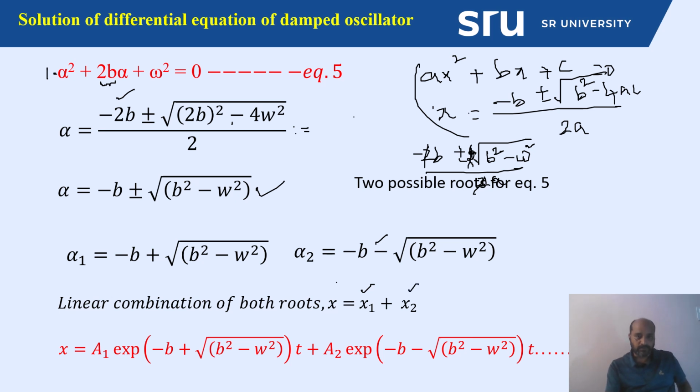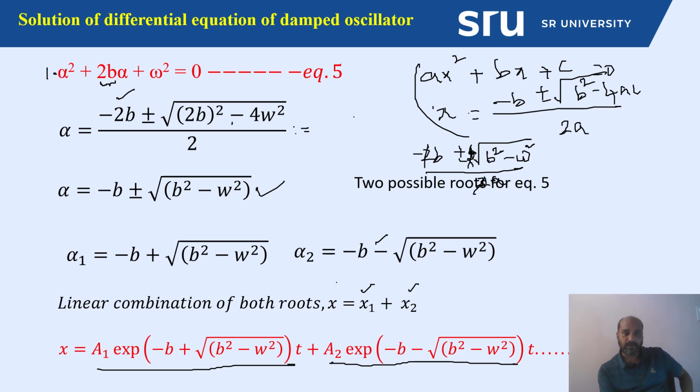So this is x1, which is A1 exp((−b + √(b² − ω²)) t). If you replace that plus with minus, that will be the second root, A2 exp((−b − √(b² − ω²)) t), because our solution is x = A e^(αt). So now, instead of α, we are taking both α1 as well as α2.